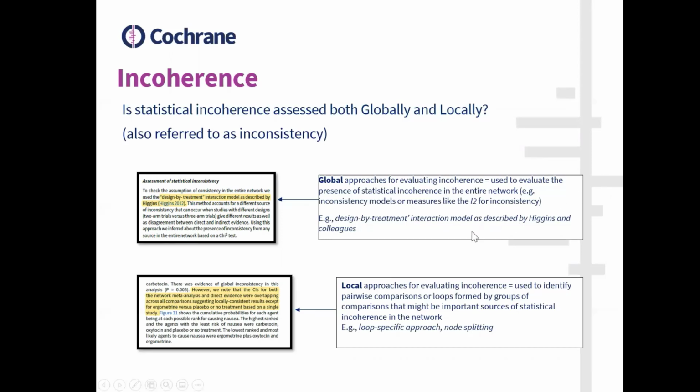So there are different methods. Here it says to check the assumption of consistency in the entire network, we use the design by treatment interaction model as described by Higgins. And the different methods are available in the handbook, with references to the papers they're based on. So it's important to look at global approaches for evaluating incoherence.